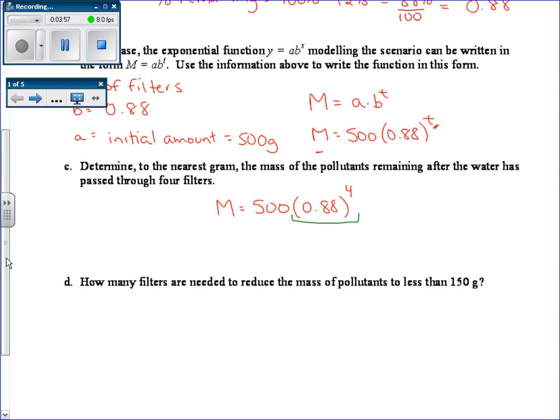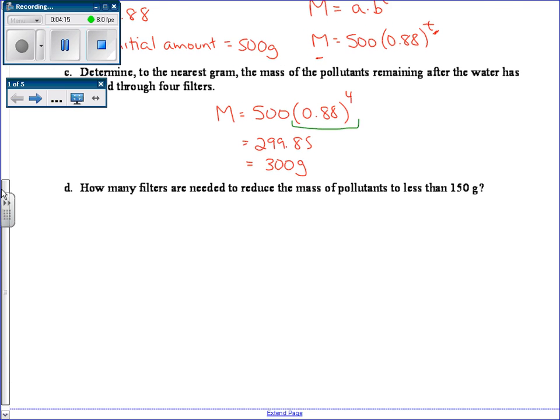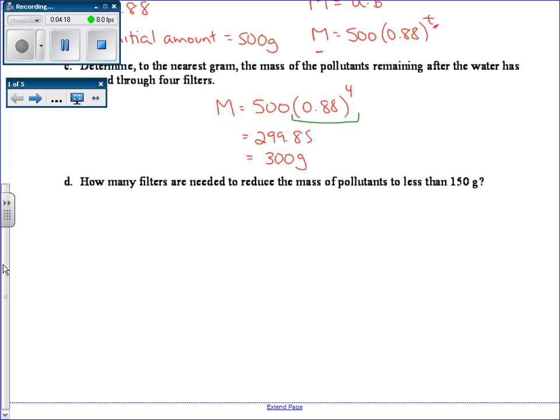So to the nearest gram, that's 300 grams. Remember to do the 0.88 to the power of 4, then multiply by 500. You can't combine them together to start with. Okay, so that's pretty simple, that substitution. That's just straight plugging into your calculator and figuring out the answer.